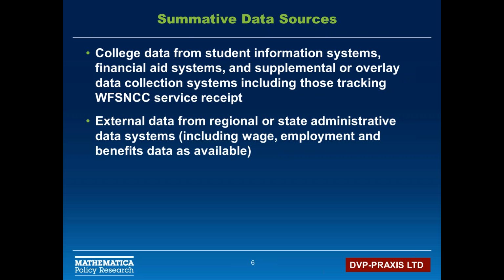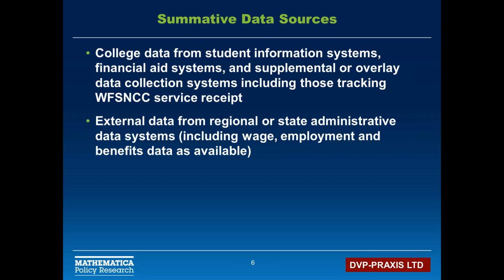So if you look at the first bullet, the data that are internal to the college, that the college has access to, we'll be requesting data from student information systems, things like student background, demographics, course record information. We're hoping to gather some data from your financial aid systems as well. Things like whether students received a Pell Grant, the number of dependents, things that are related to their financial aid applications mainly.